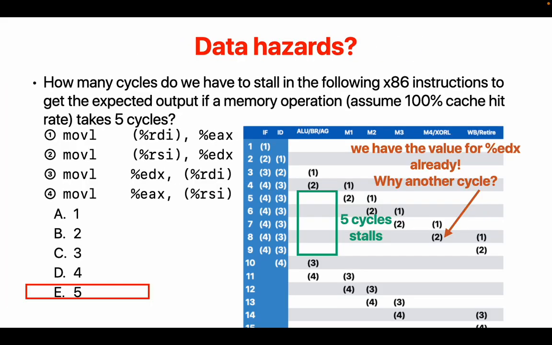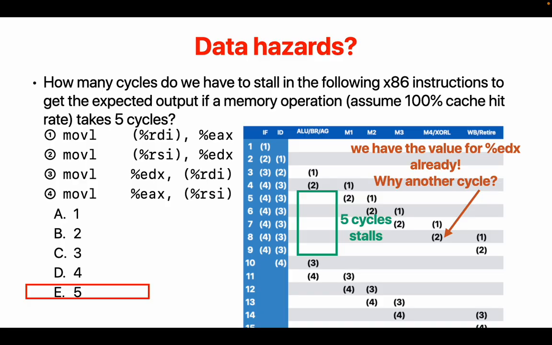However, one thing that we learned last time is that for data hazards in modern processors, like the one we have been doing assignments on, we have a 5-cycle delay, even though you have a perfect cache, right?